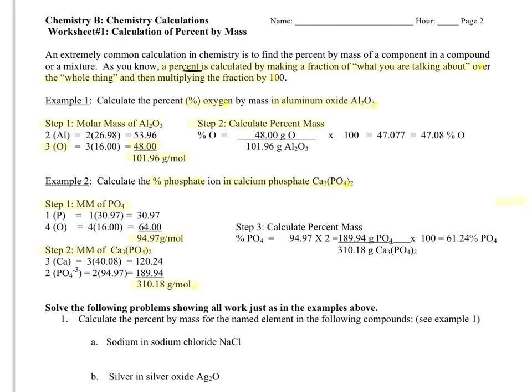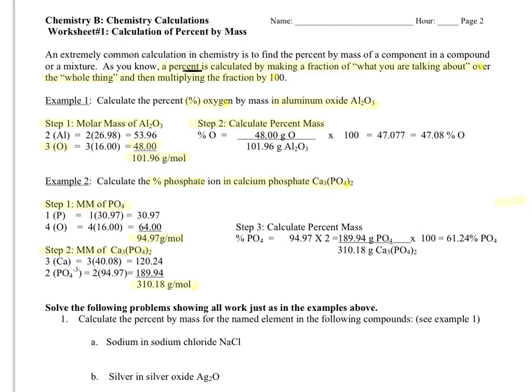So keep in mind that a percent is calculated by making a fraction of what you are talking about over the whole thing and then multiplying the fraction by 100. That might sound complicated, but if you imagine that we're sitting in a classroom and I ask you to calculate the percent of girls in the class, most of you are going to know what to do.